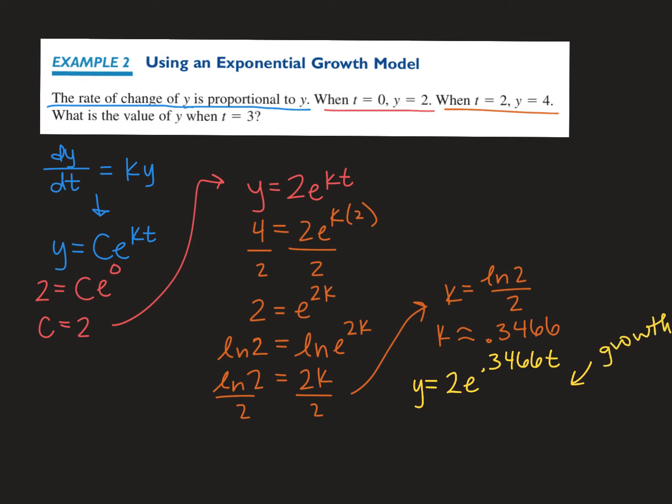Because k is greater than 0, it's a growth model. Now we want to solve what is the value of y when t is 3. That's a pretty simple plug and chug, and you're just going to use your calculator. And we'll get that as a decimal to be approximately 5.657.